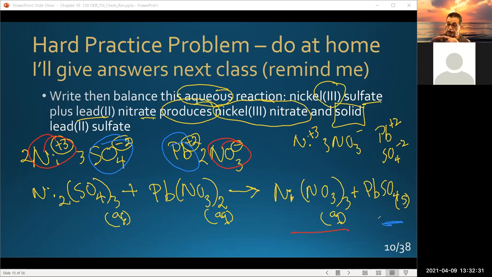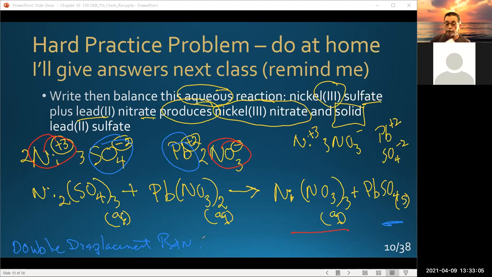So the partners exchange. Now, one of the new products that was created was insoluble based on the solubility rules, and that is the lead sulfate. Therefore, you had a positive reaction, okay? So this again is an example of a double displacement reaction, and we'll get to these here. RXN is shorthand for reaction.